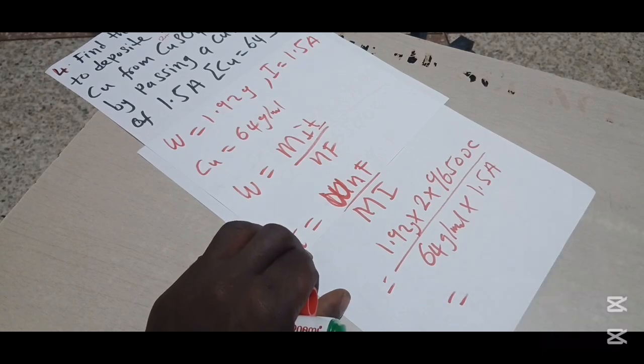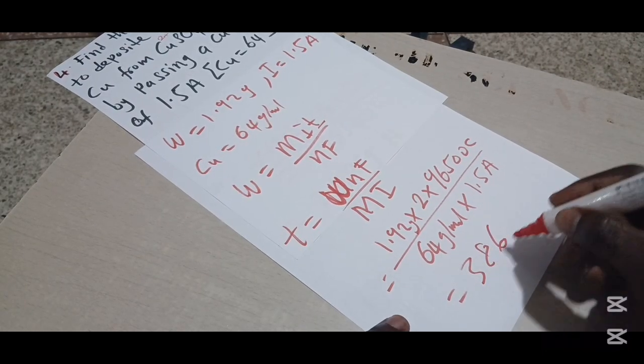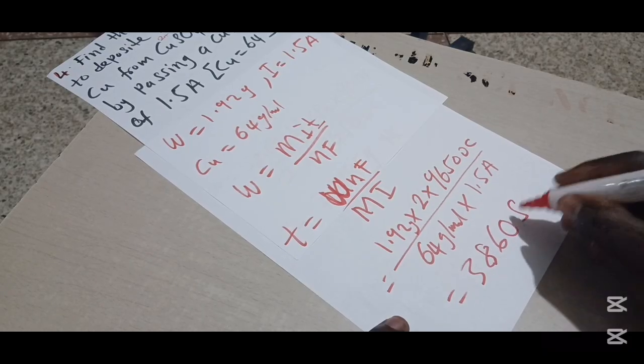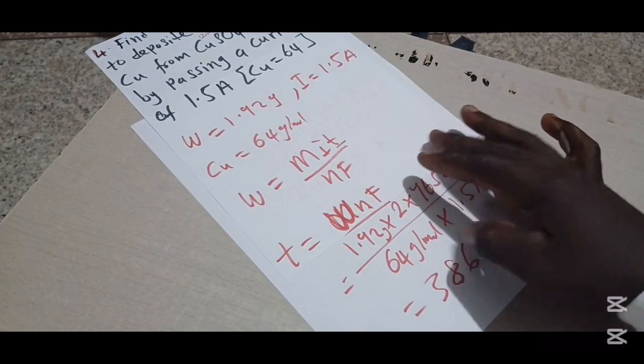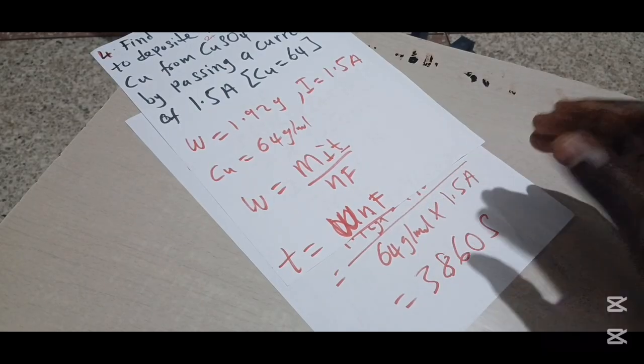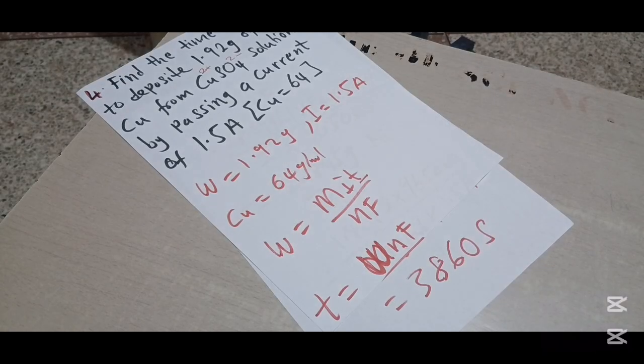So this is going to give us 386 seconds. Sometimes you may be required to convert your time into minutes when it is given to you in minutes. Your final solution, you can convert it into minutes.